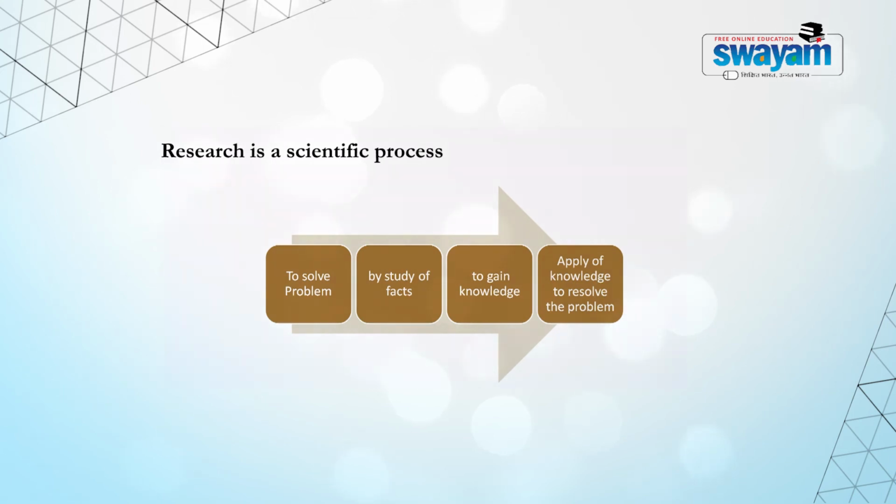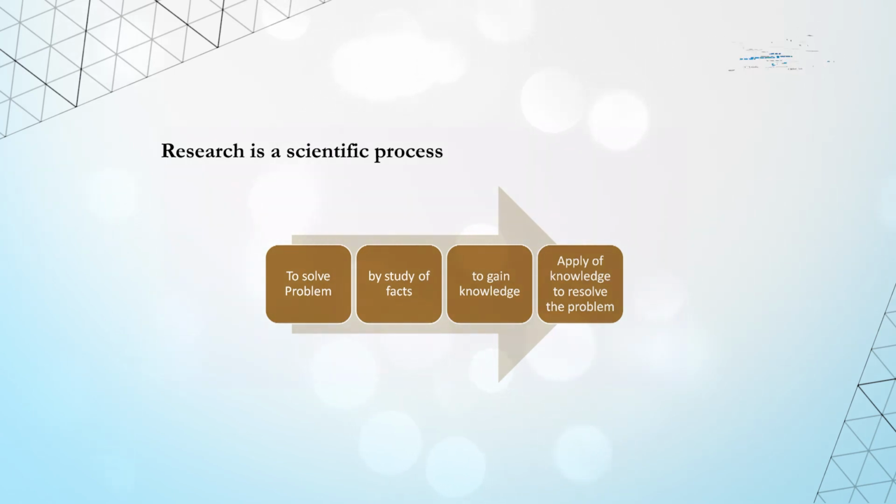He tries to gather all such relevant information, facts relating to his problem, and after analyzing those facts, he comes to certain conclusion, and after concluding that thing, he finds any knowledge, and if that knowledge is applied for the utility, for the benefit of the society, and if that knowledge can satisfy or cope up the society from that problem, now it can be called as a successful process of research.